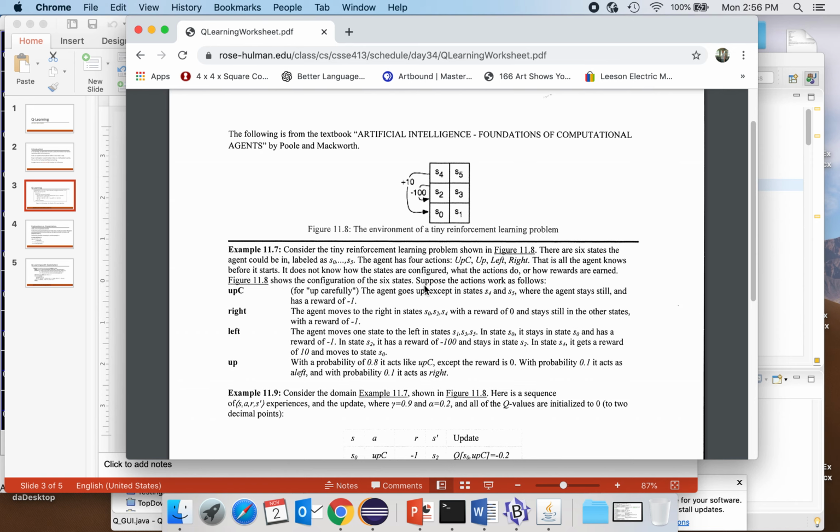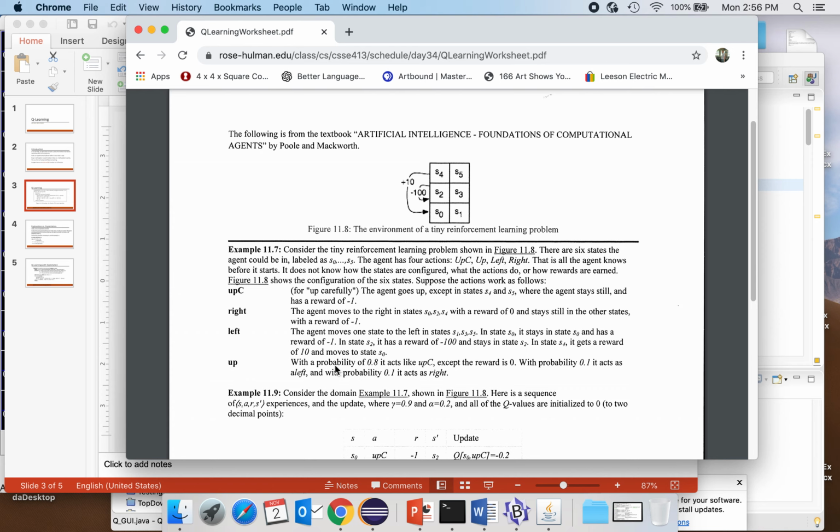If we try to go left in state S0, we stay in S0, and there's a reward of -1. In state S2, if we try to go left, we stay in S2, and there's a reward of -100. Not much of a reward, eh? And in S4, we get a reward of 10, and we end up in state S2. So a little bit different transition function over here.